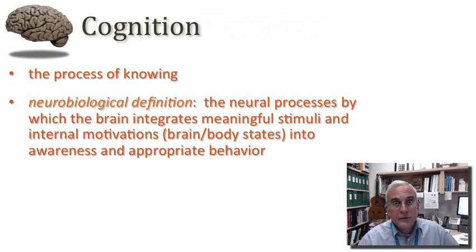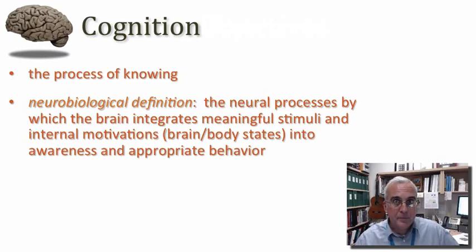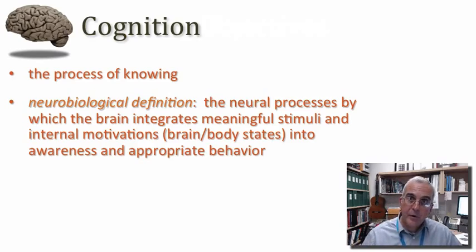What I would suggest is that what we are speaking of are the neural processes by which the brain integrates meaningful stimuli and internal motivations, referring to brain and body states, and the product of this integration is awareness or perception, and, of course, the motivation of an appropriate behavior.